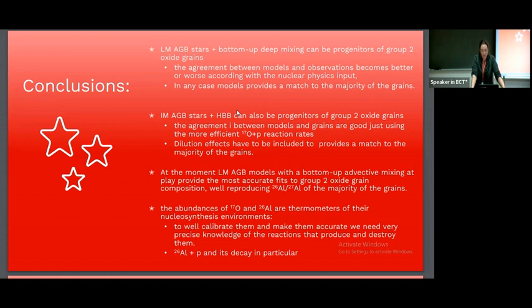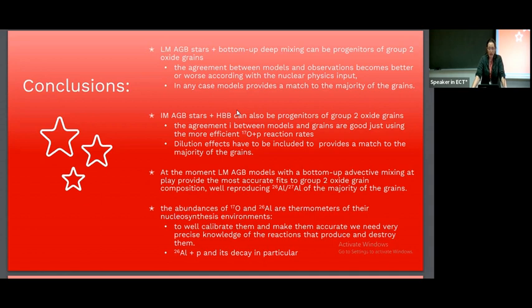In any case, we provide a fit to the majority of the grains, but we have to use exactly one kind of mixing to fit also aluminum-26. Hot bottom burning models provide a good fit just for a portion of grains, and according to the nuclear physics input used for the oxygen-17 plus proton reaction, the fit should be improved very much.